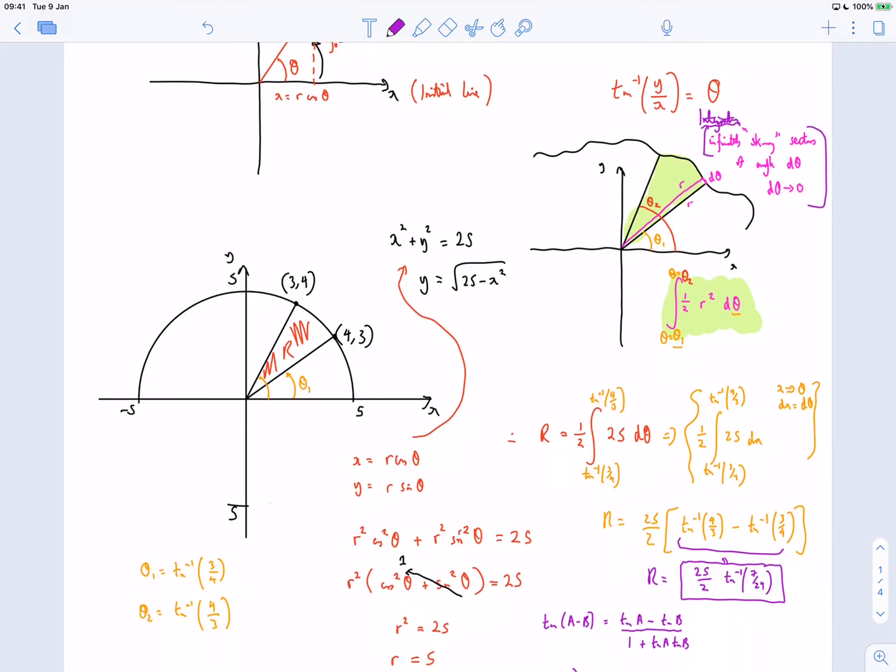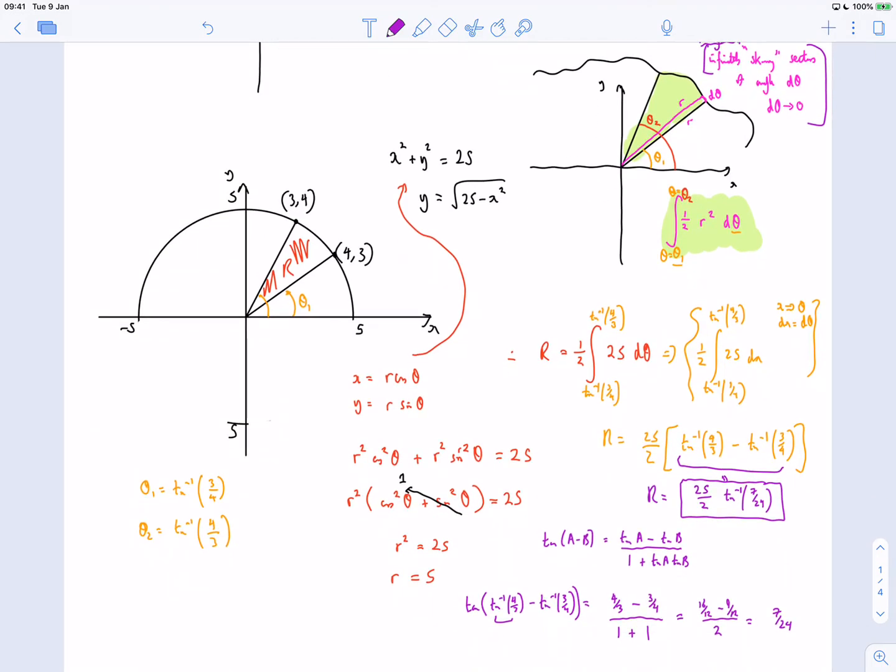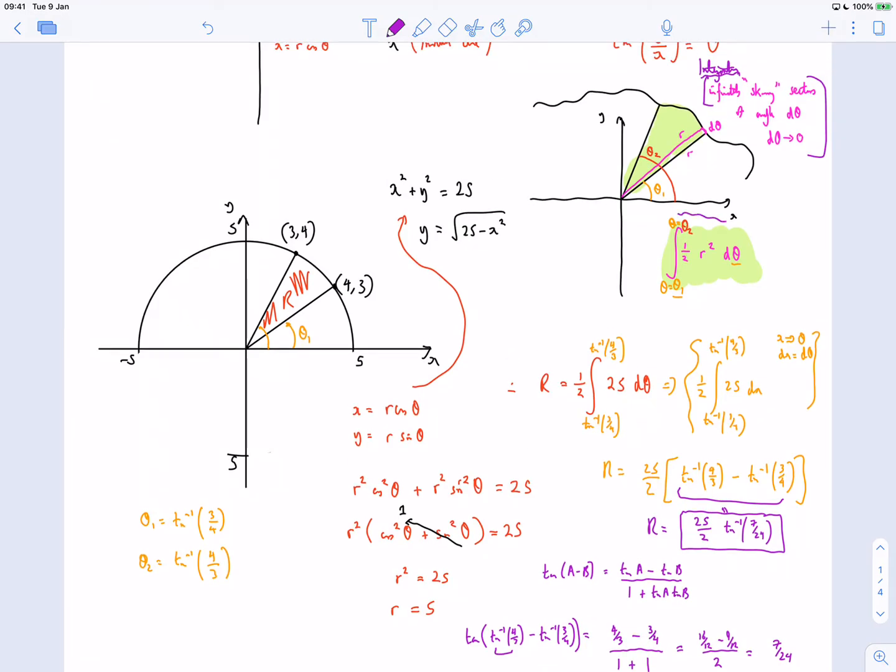What we need to do is integrate half r squared d theta between the two limits. And you have to rearrange r a little bit so it's a function of theta, because essentially you're integrating r as a function of theta. In this case, r was just 5. That's a really easy function of theta.